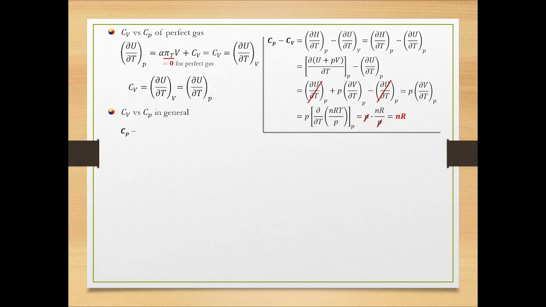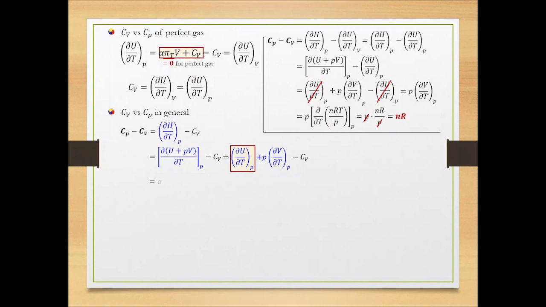Then what is the difference between Cp and Cv of a gas in general, regardless of whether the gas behaves like perfect gas or not? The Cp can be written as the first partial derivative of H with respect to T at constant P like this. Like I said previously, enthalpy is defined as U plus PV. This will lead to the first partial derivative of U with respect to T at constant P plus P times the first partial derivative of V with respect to T at constant P minus Cv.